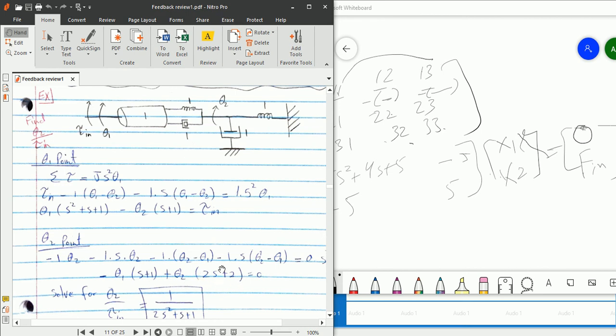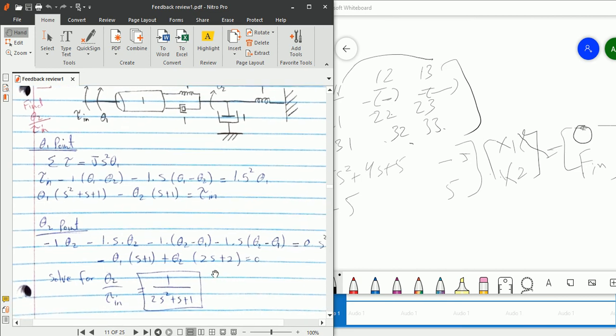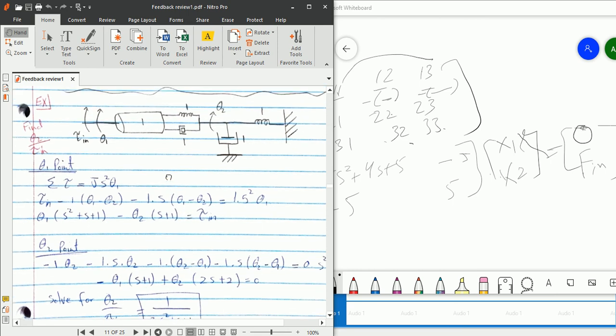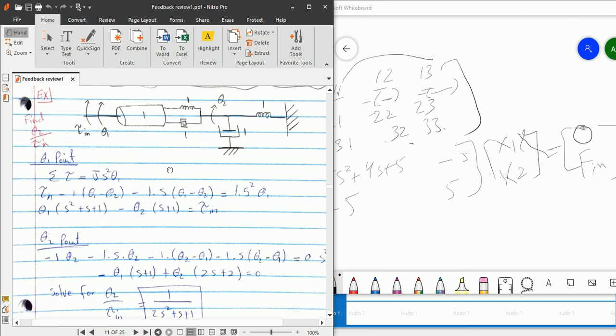For theta 2, the damper you have connected, this and this 1 plus 1, sorry, 2 dampers, 2s, and 2 springs, so you have 2s plus 2. So here you will be getting theta 2 over theta 1. This is the transfer function which you want, which you can get easily from here. Actually I am seeing there is some error. You have to tell what is the error here.